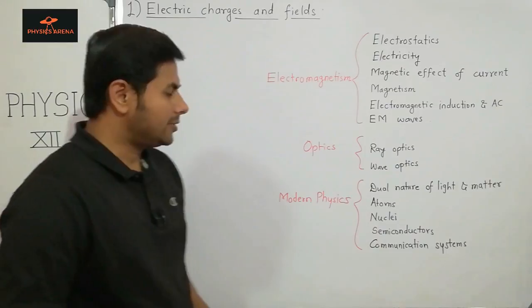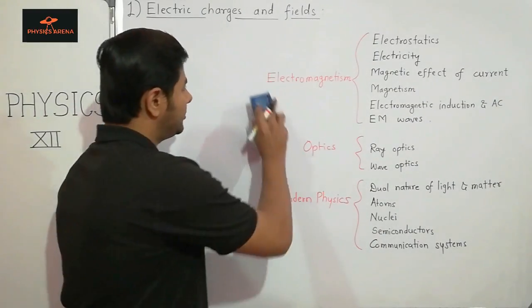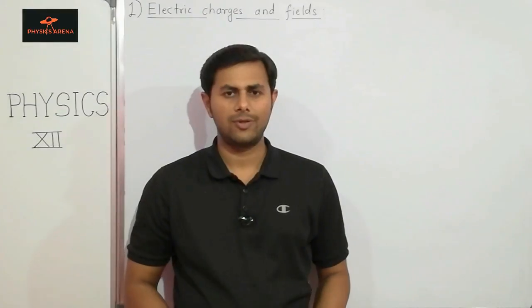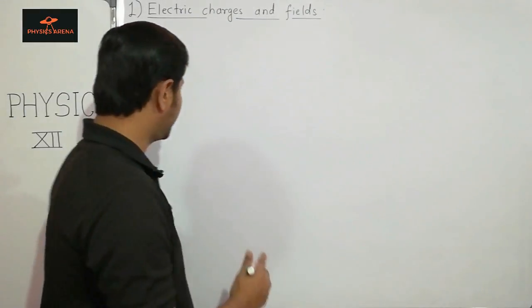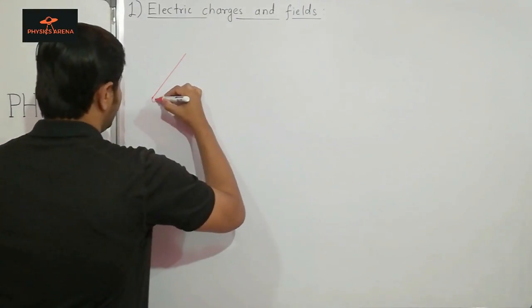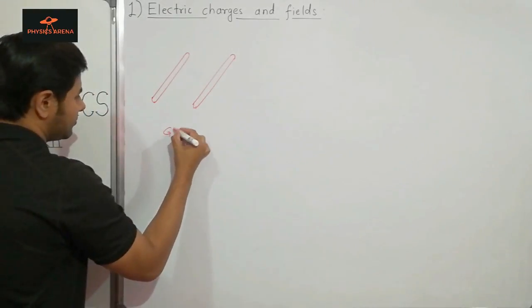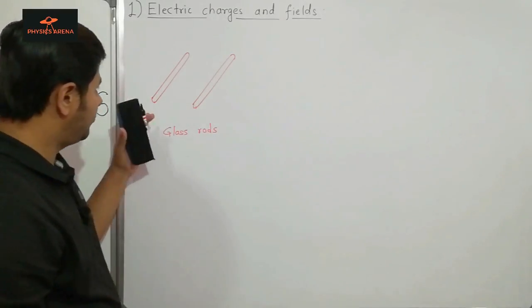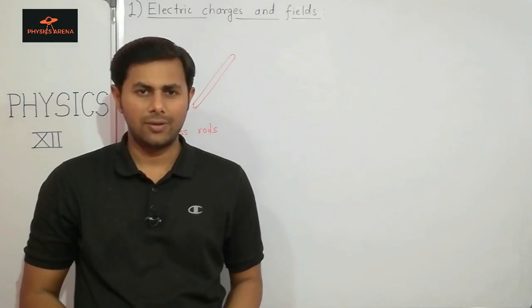So let us begin with some experimental observation. Okay, so let us see observation number 1. Suppose we have two glass rods and we rub both of them on wool or silk.